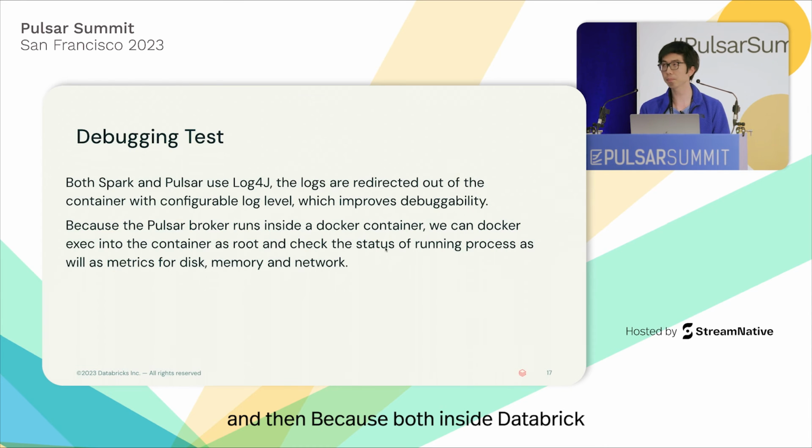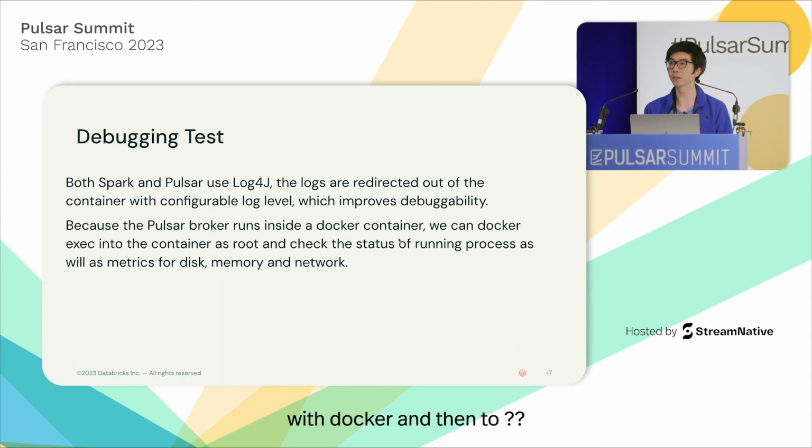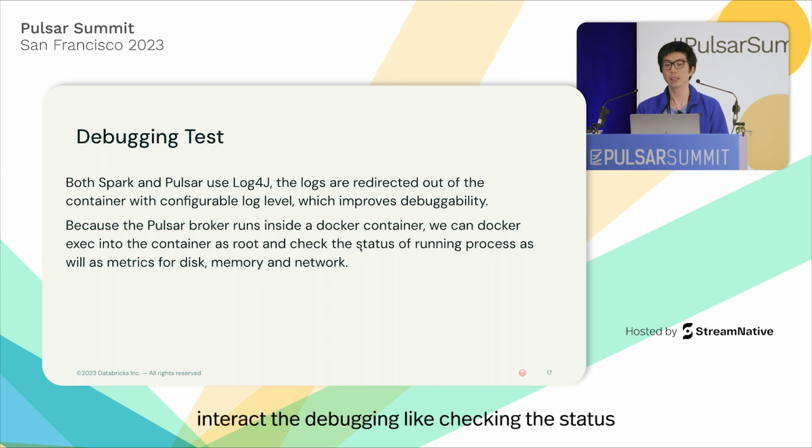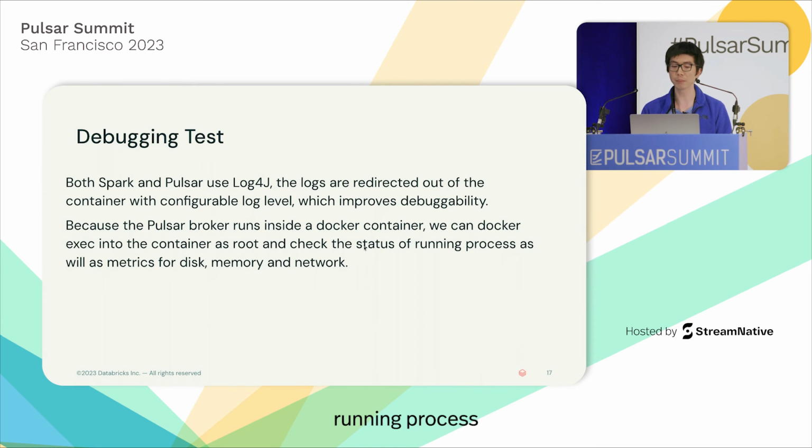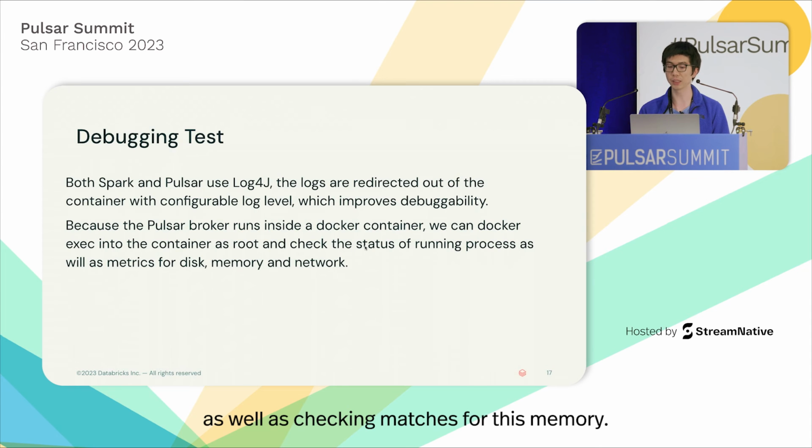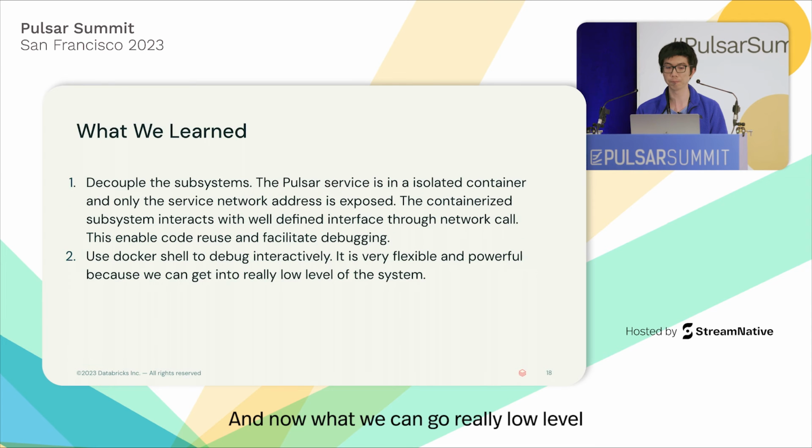Because both inside Databricks and in open source, these tests are running in containers, we will be able to log into the container with Docker and then do interactive debugging, like checking the status of running processes, as well as checking metrics for disk, memory and networks. We can go really low level.